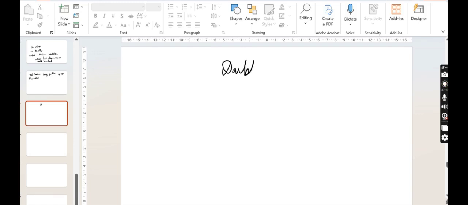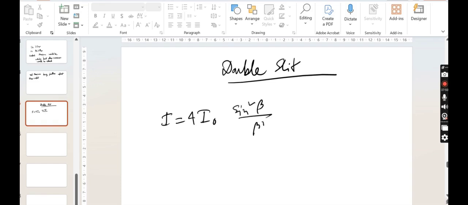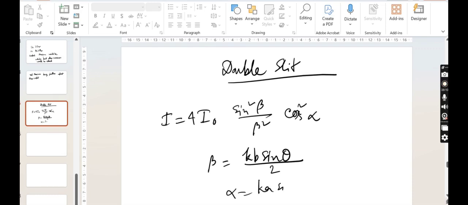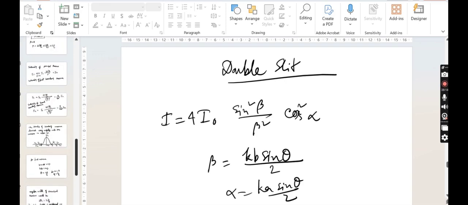Now we go to double slit. Okay. So for double slit, I is equal to I naught, 4 sin square beta by beta square, whole square with cos square alpha. a is the distance between the slits.